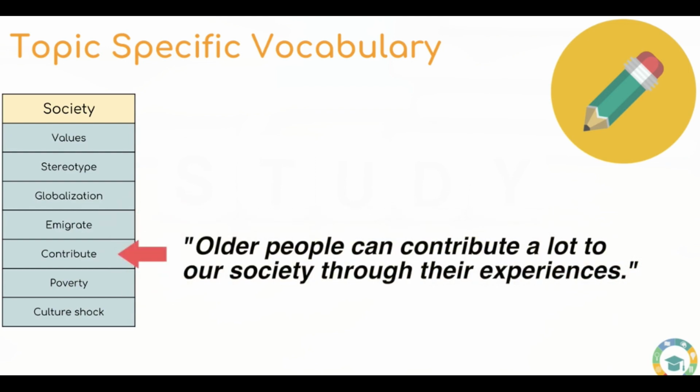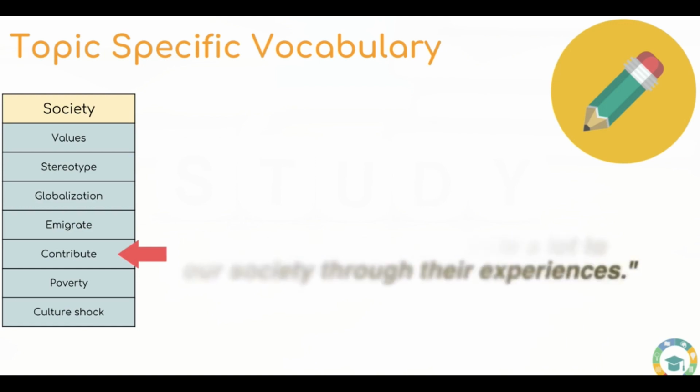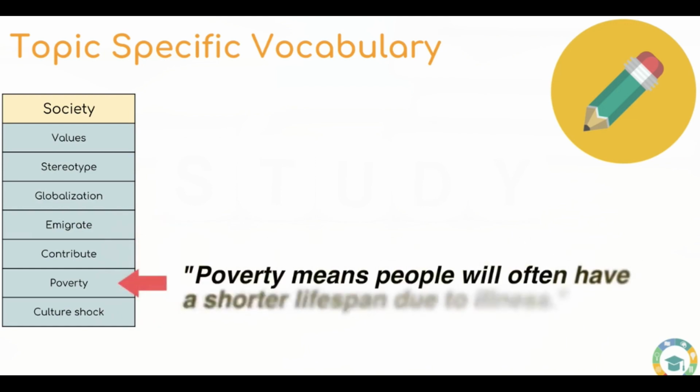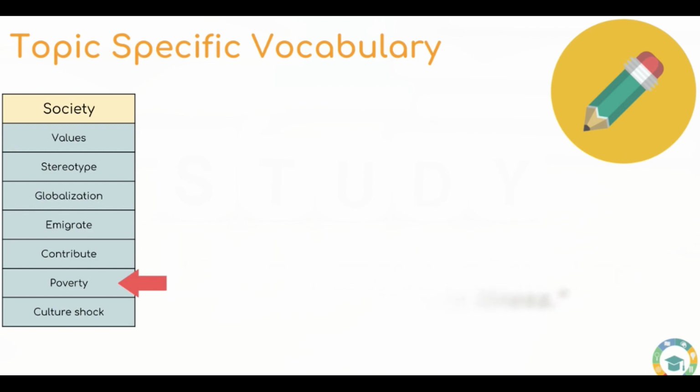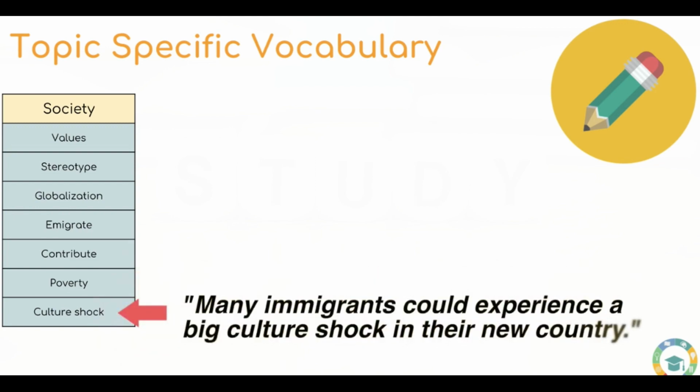Older people can contribute a lot to our society through their experiences. Poverty means people will often have a shorter lifespan due to illness. Many immigrants could experience a big culture shock in their new country.